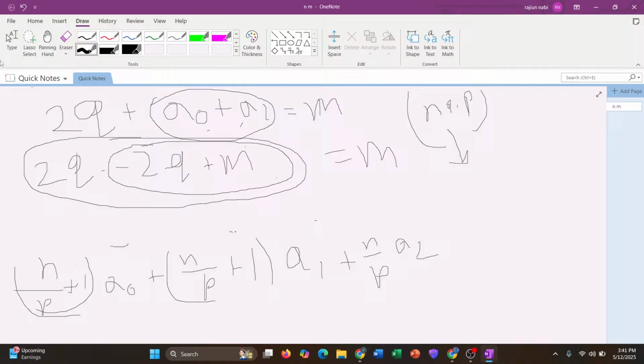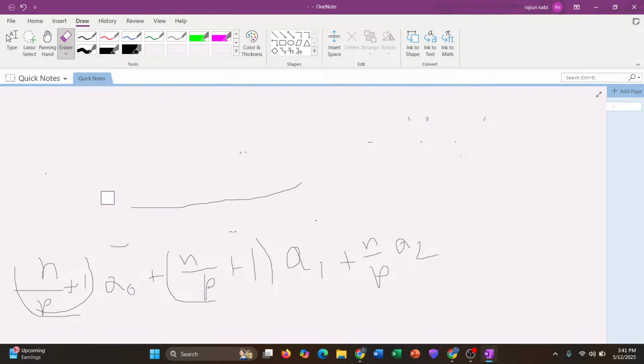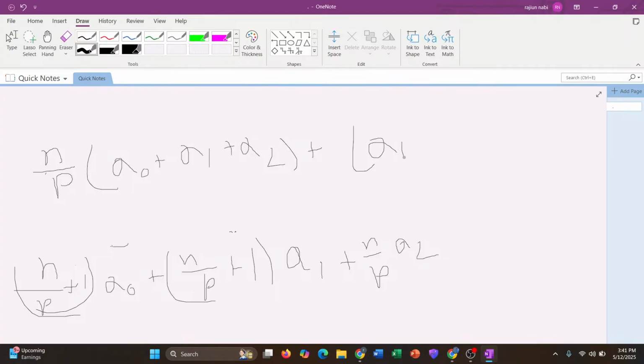So if we write it down like this, n by p times a0 plus a1 plus a2, then a1 plus a0 will be equal to m, right? The sum of this is equal to q, according to the option.